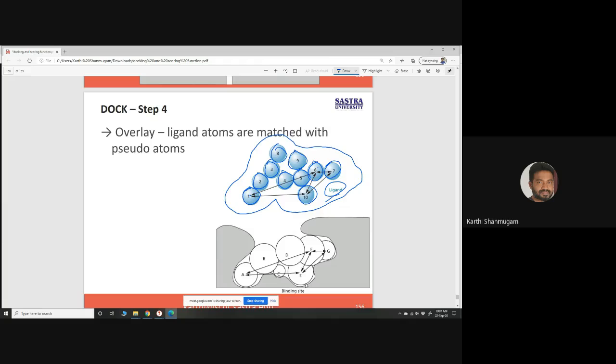Now they have labeled the spheres within the binding site. Can we measure the distance between A to B, centroid of A to B, B to C, A to F, F to G, F to E?